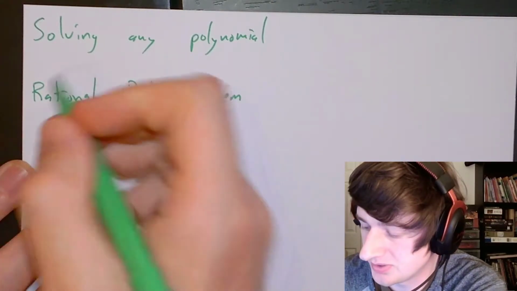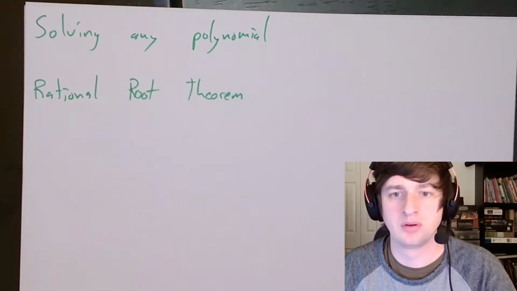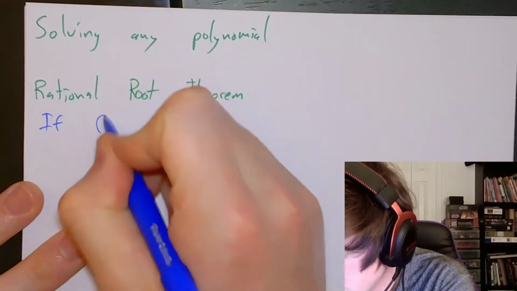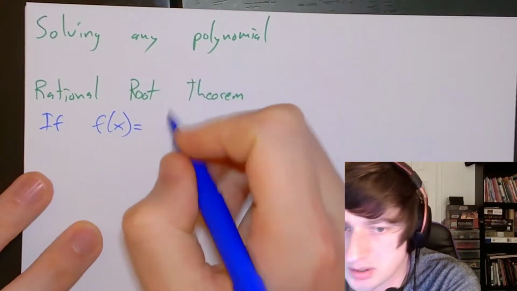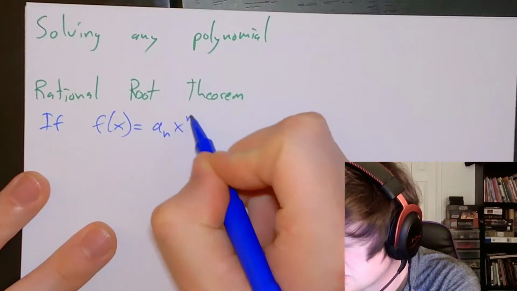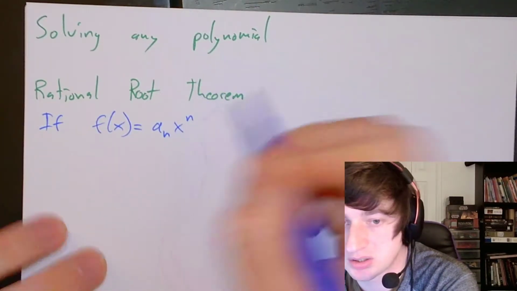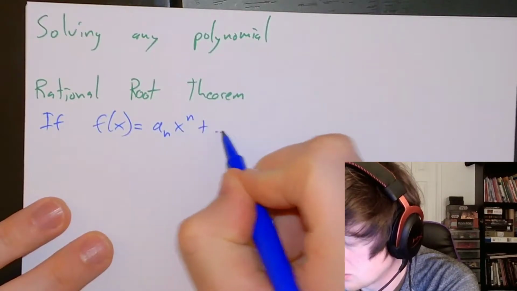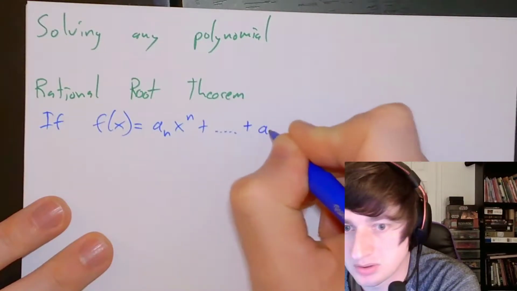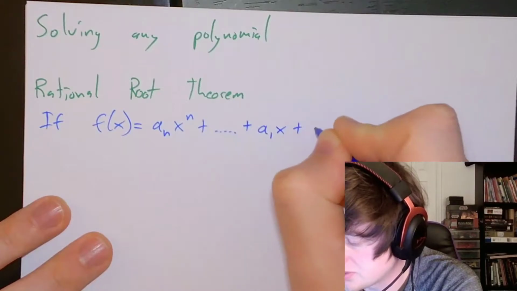Okay, so this rational root theorem says if f of x, and here's f of x, some number at the beginning of the function times x to the nth power, so some degree, it could be big, it could be small, plus a bunch of function stuff, plus our second last term, plus the constant.